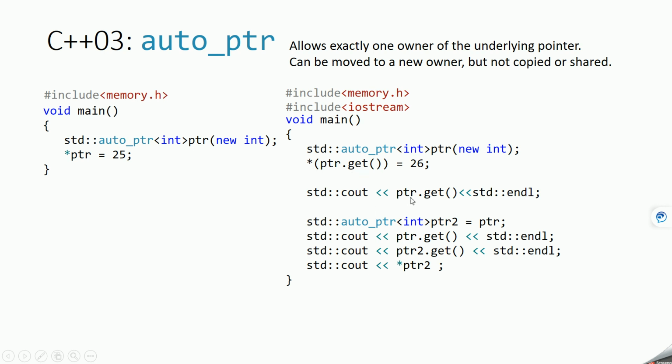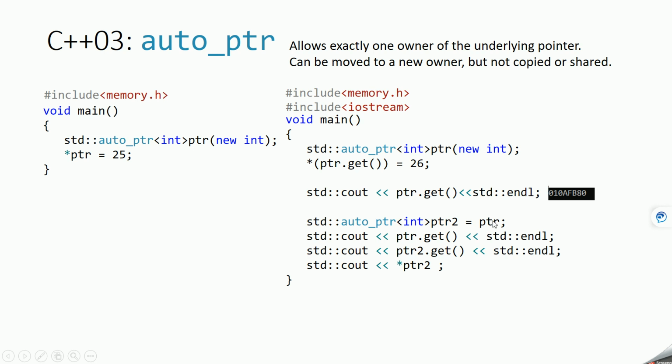So now at this line of code, it will give the output of the memory location, that is the address of the memory location to which this ptr is pointing. Now at this line, we are creating another pointer called ptr2, and then we are making this ptr2 point to the ptr which we created over here.